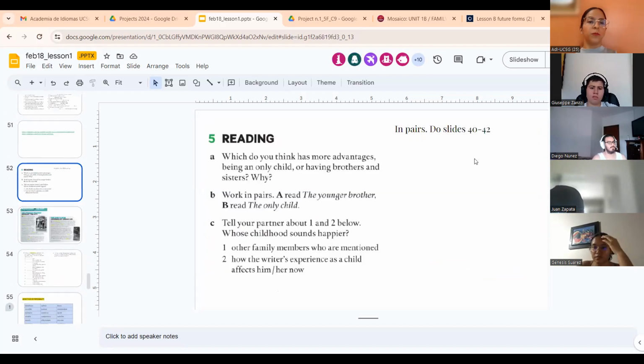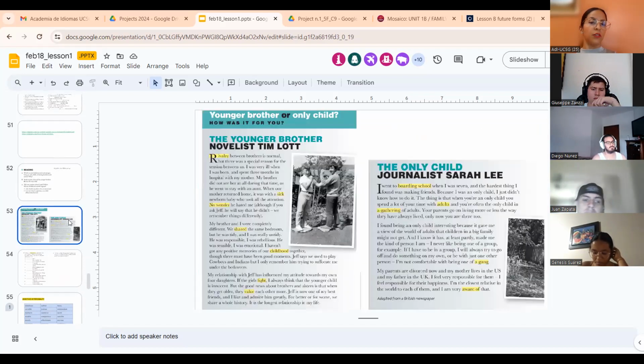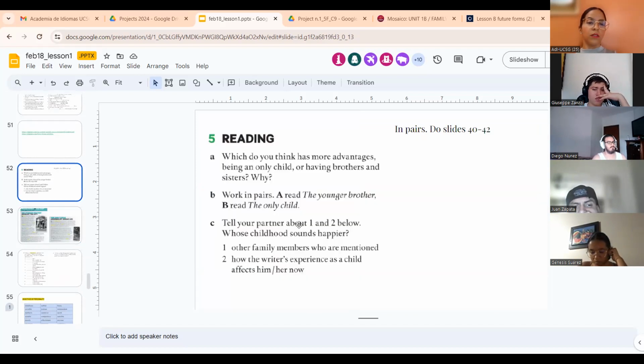All right, let's continue. We're going to do some reading. Which do you think has more advantages, being an only child or having brothers and sisters? Why? Working in pairs, one person is going to read the younger brother, and the other person is going to read the only child. Tell your partner about 1 and 2 below.